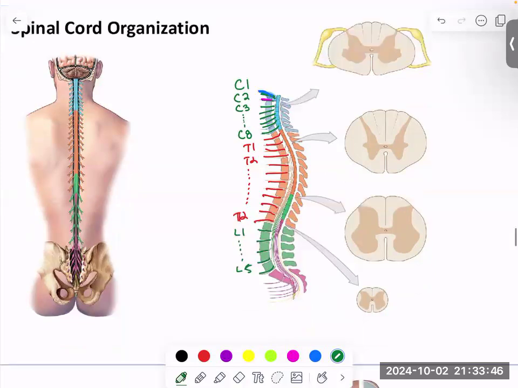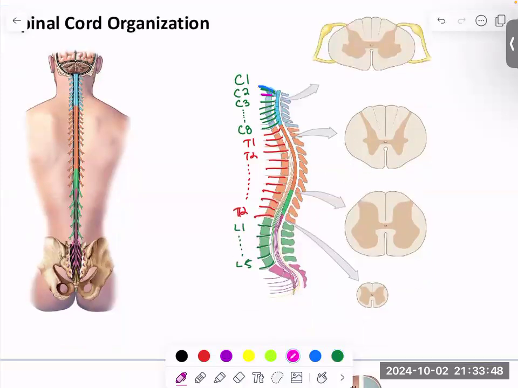And then you have sacral, 1, 2, 3, 4, 5, S1 to S5. And some people, not everybody, have coccygeal 1, coccygeal 2.